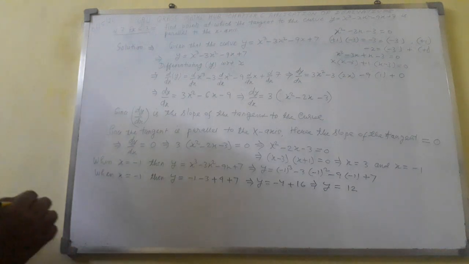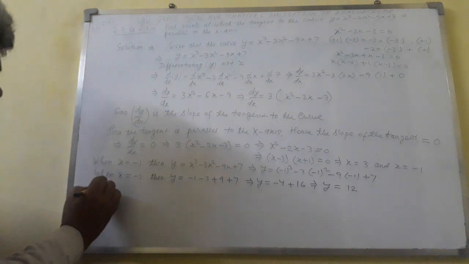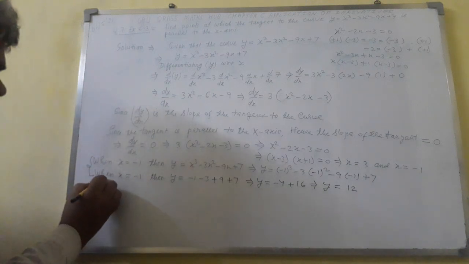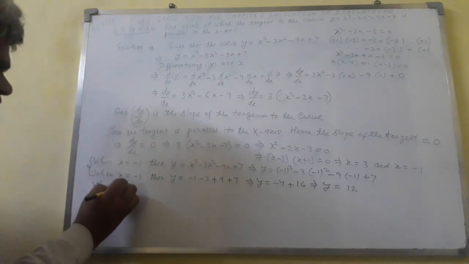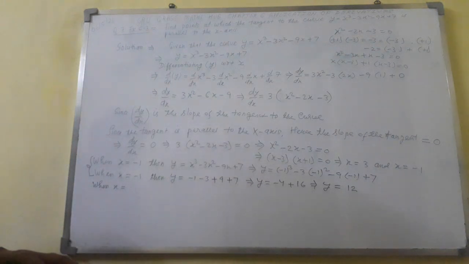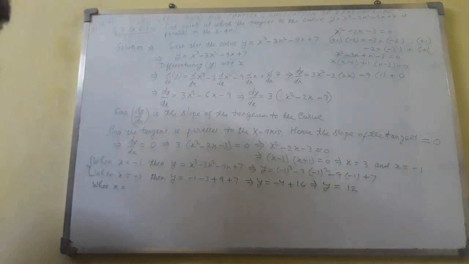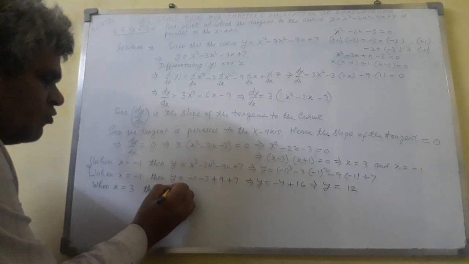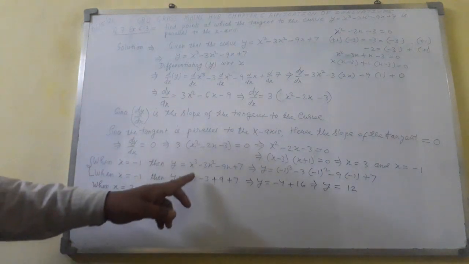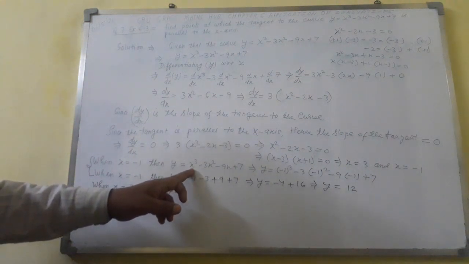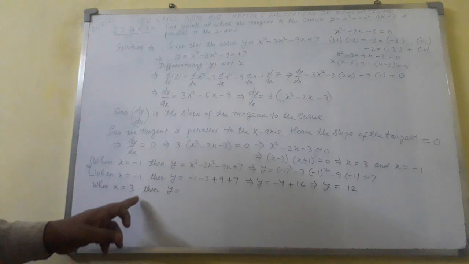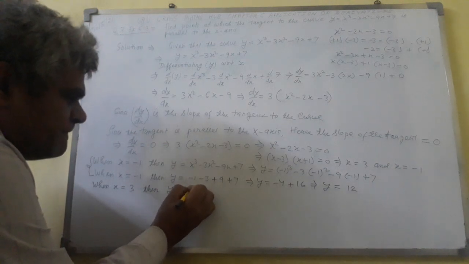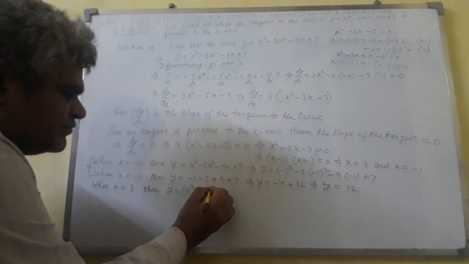Again I shall write when x is equal to 3. So here I take x equal to 3. Then y equal to, here in place of x I shall write 3. 3 raised to the power 3 minus 3.